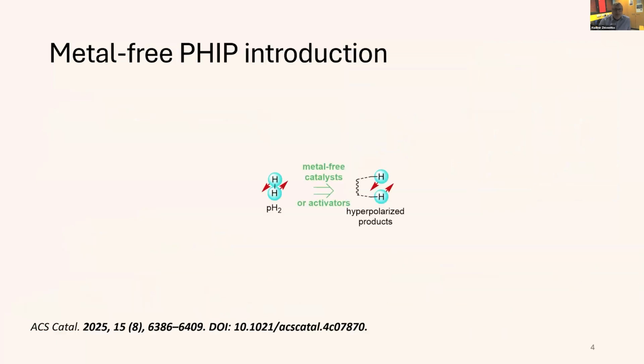At the same time, metal-free catalysts or activators for parahydrogen are also known, and my group has been studying them for quite a while. Compared to metals, metal-free catalytic systems for small molecule activation are generally considered more sustainable and in some respects less toxic since they are based on abundant light main group elements.